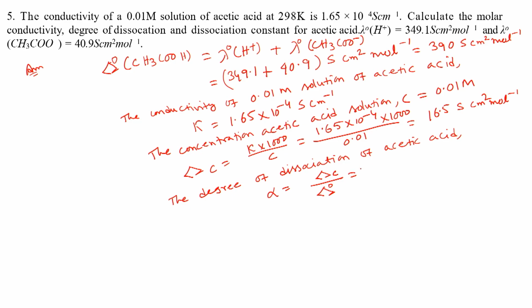Lambda c value we calculated, 16.5 S centimeter square mole inverse, and lambda naught value we calculated, 390 S centimeter square mole inverse. So, if we calculate this one, we get the degree of dissociation alpha is 0.0423.